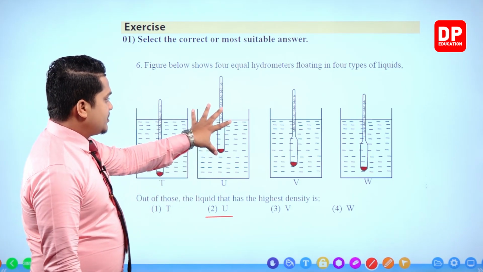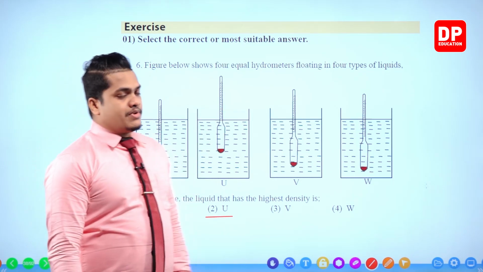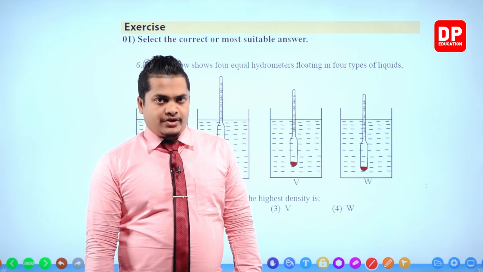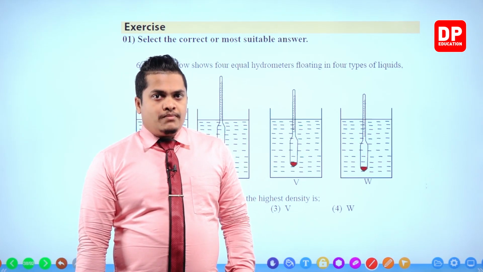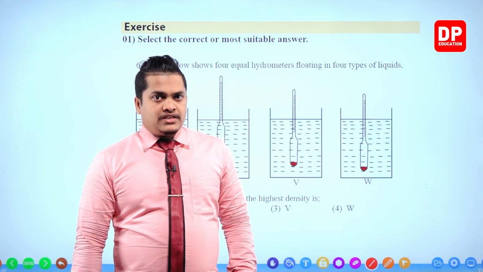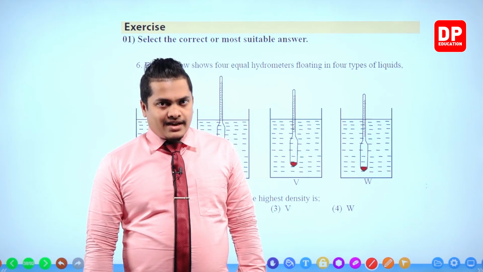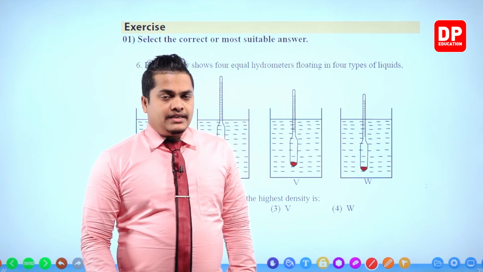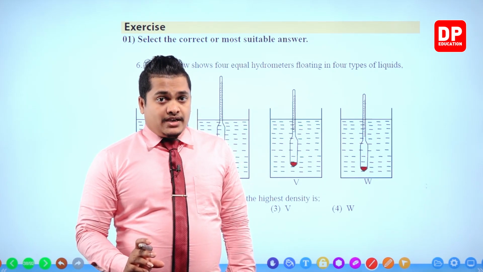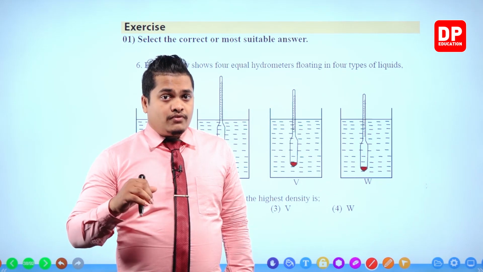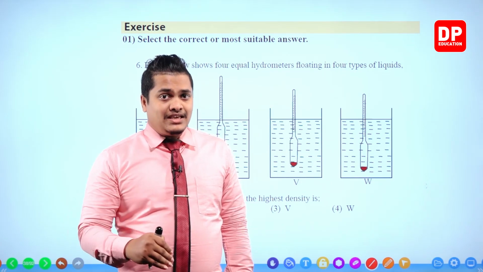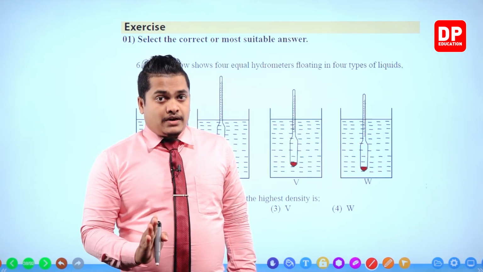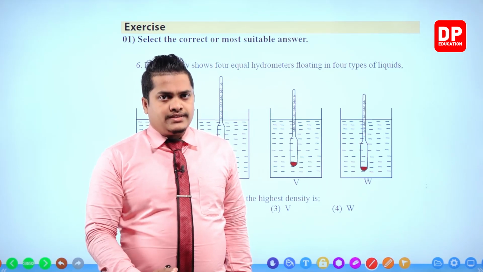Always remember, when you dip a hydrometer, if a greater part is floating, then it has the greater density. Or else, if a greater part is sinking, then it has a lower density.